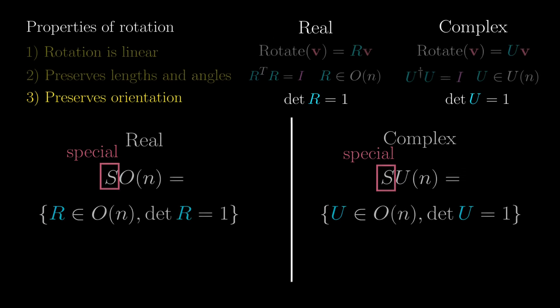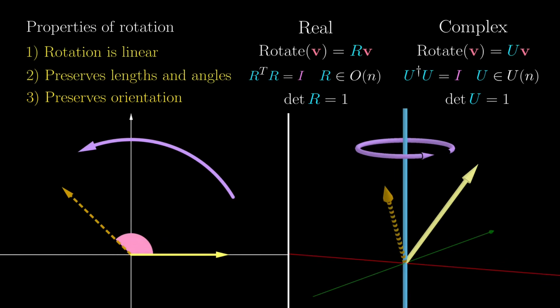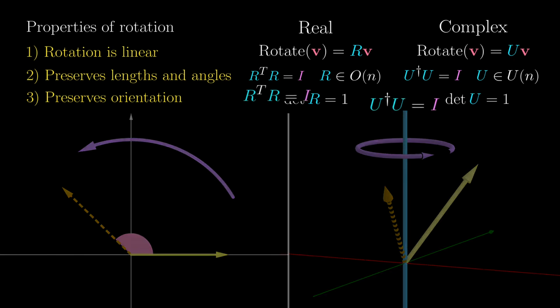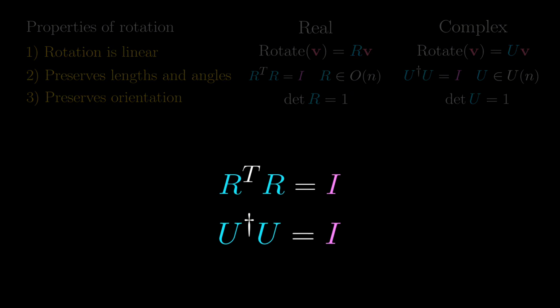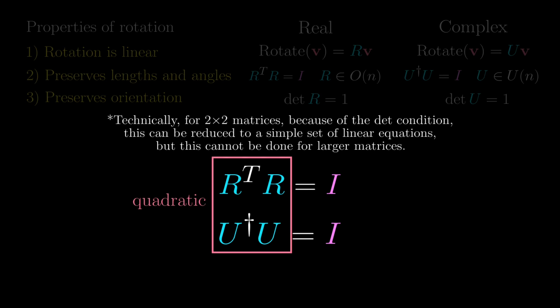So, this is how we can generalize the notion of rotation to higher dimensions, or complex numbers. But here's the thing. Looking back at the defining properties of these matrices, these are practically quadratic equations, and for matrices, these are difficult to solve.